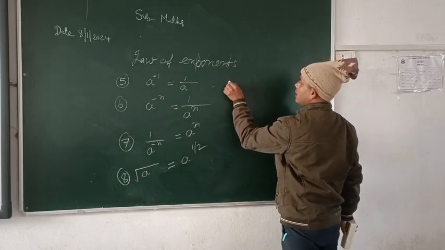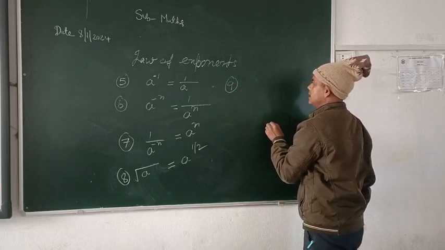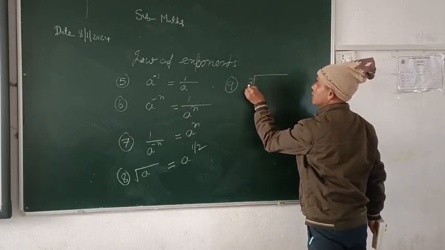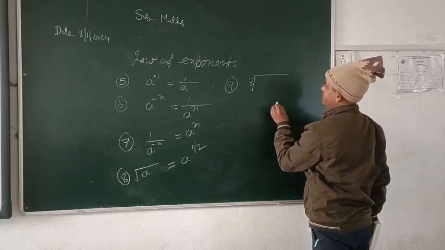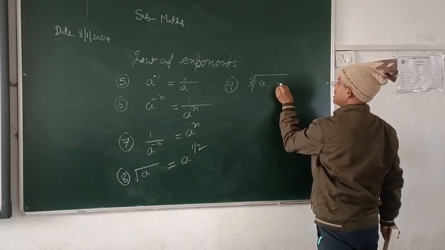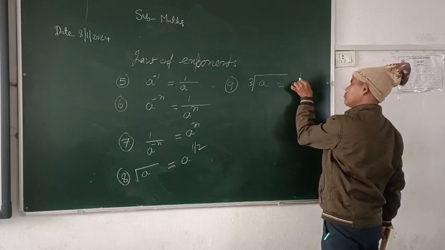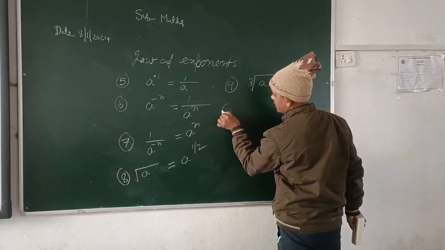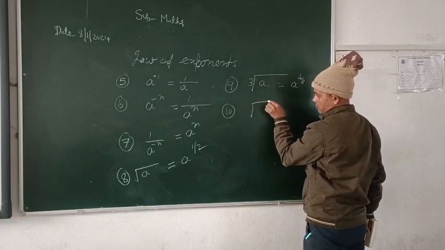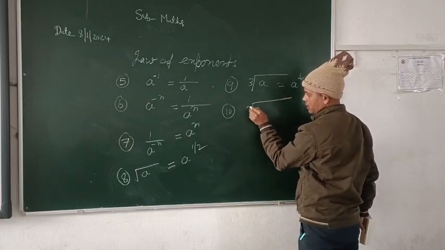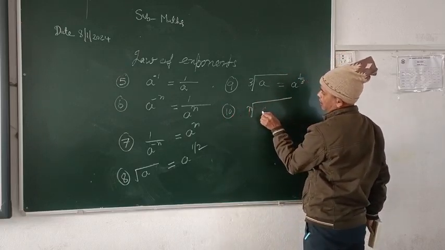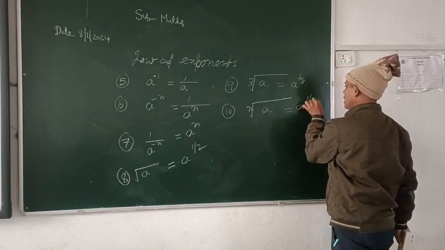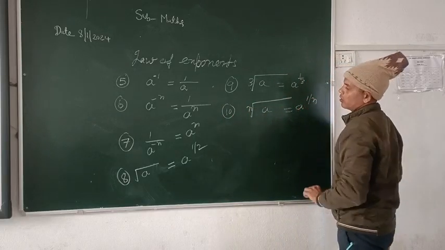And somewhere if it is written root with 3, okay, then we can write a to the power 1 by 3. And if here is written nth root of a, then a to the power 1 by n, okay.